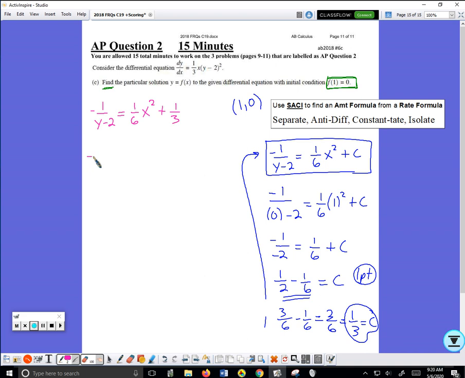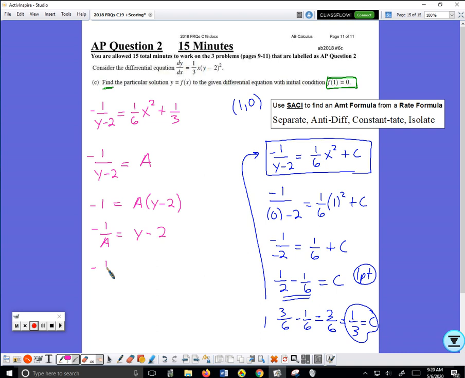I like to look at this as being negative 1 divided by y subtract 2 equals just a bunch of stuff. Because now it becomes easier for me to see that I can multiply the y minus 2 across, and I can move the a, and then add 2, and I'm done.